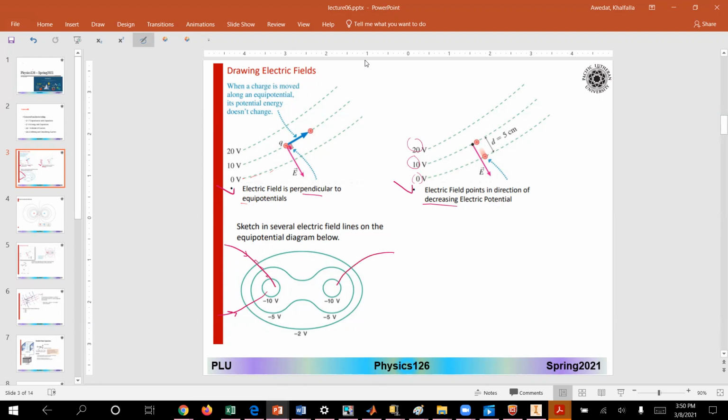Similarly with that case, because this one decreases the electric potential in that way, and it should be perpendicular to all the equipotential lines of electric potential.